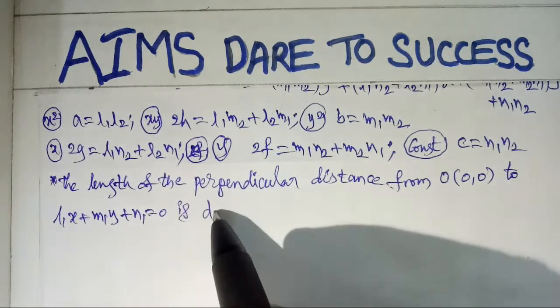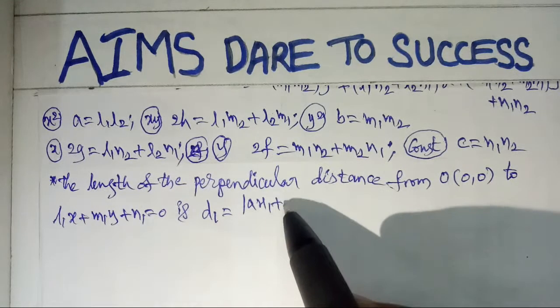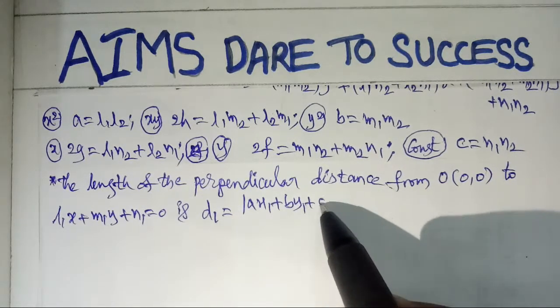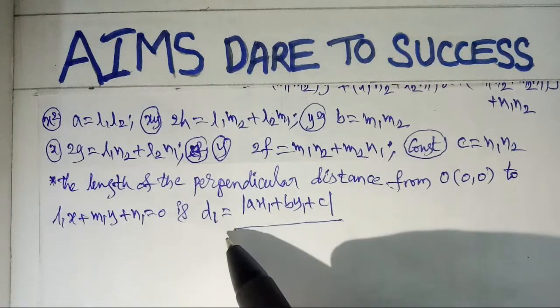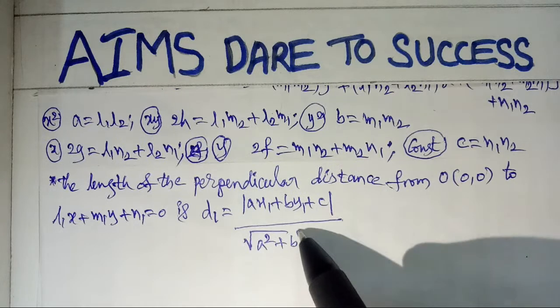Let it be D1. First of all write the formula: |ax1 + by1 + c| / √(a² + b²).